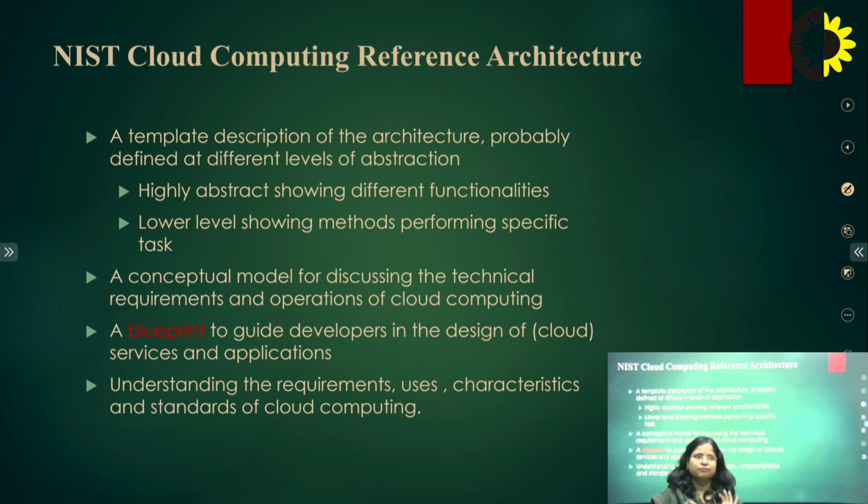This is the template which can be used for different development, and this template description of the architecture is defined on various levels of abstraction. This abstraction can be of high level or low level. The high level abstractions show the different functionality provided by the applications.